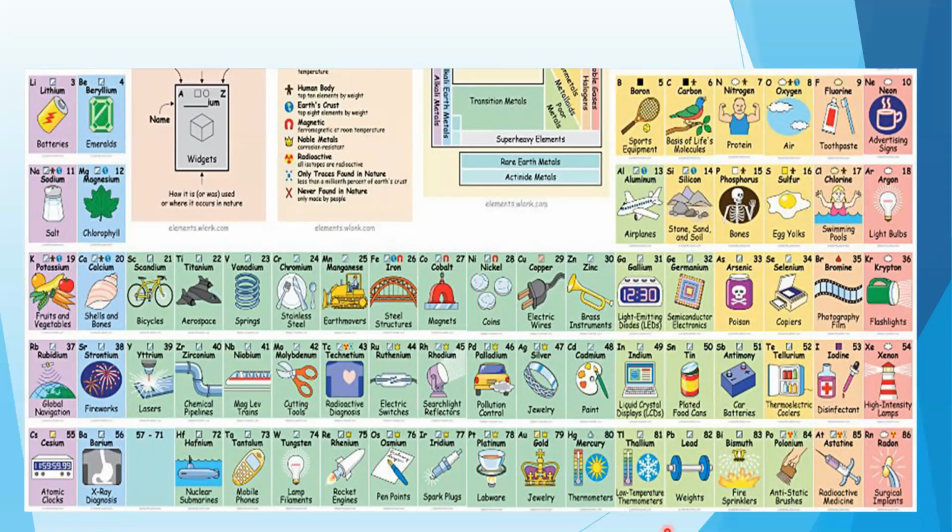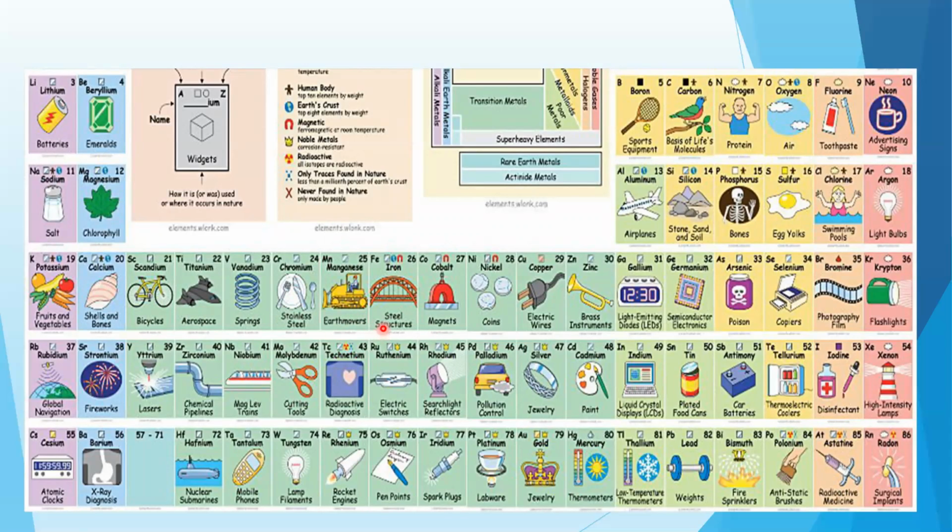You can see we have different uses of even d block elements: scandium for bicycles, titanium for aerospace, vanadium for springs, chromium for making stainless steel, because as we learned, d block elements combine together to form alloys. So iron, chromium and nickel mix together to form stainless steel.